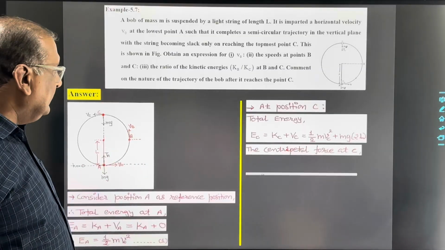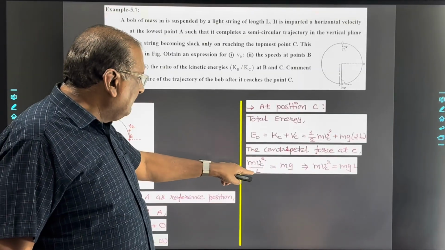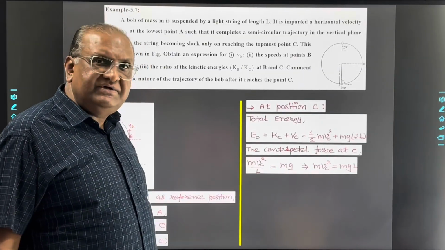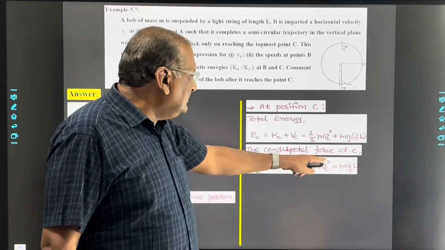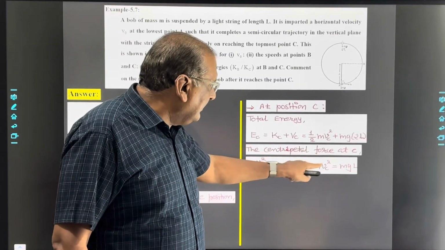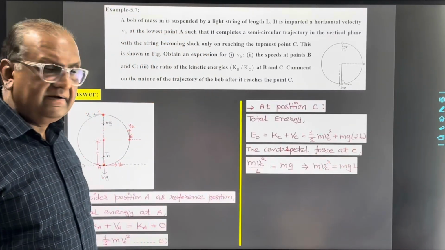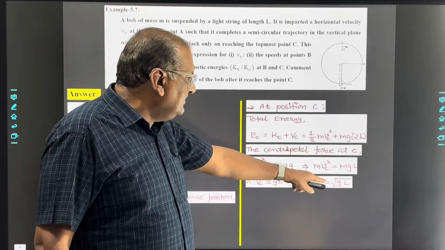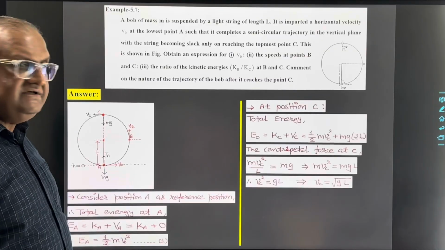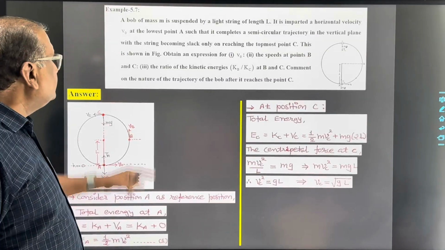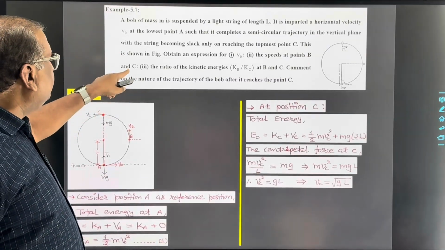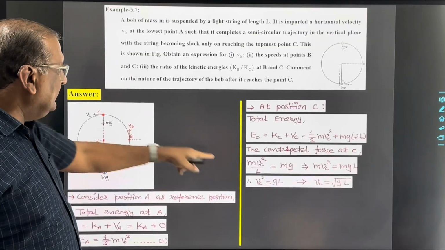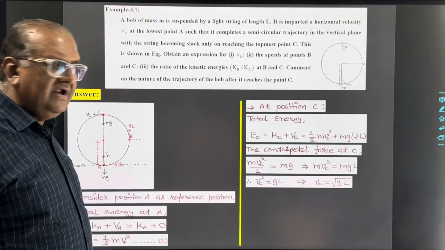So m vc square by L equals mg. So m vc square equals mgL. Now m cancels, so vc square is gL, and vc equals under root gL. Clear? So the speed at point C is now calculated.